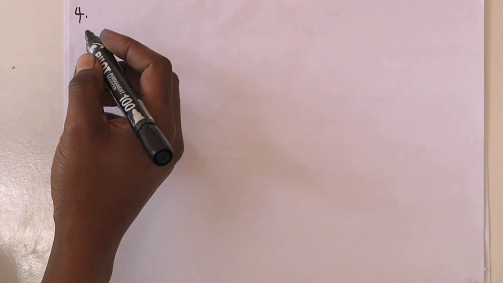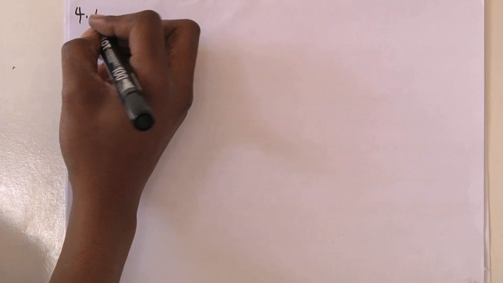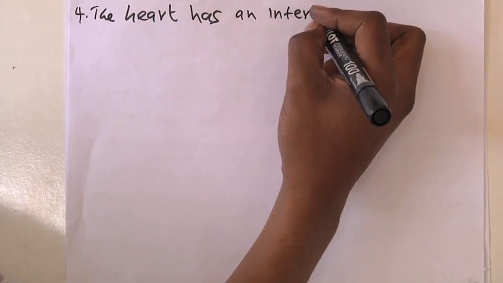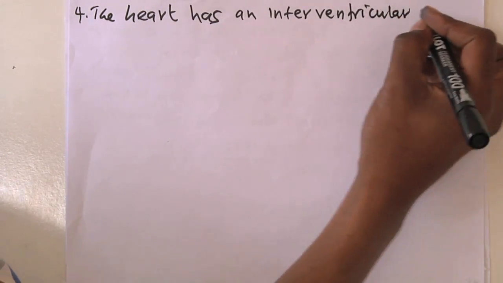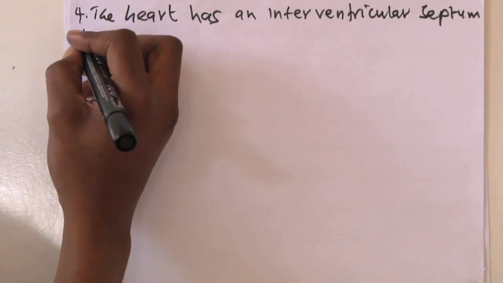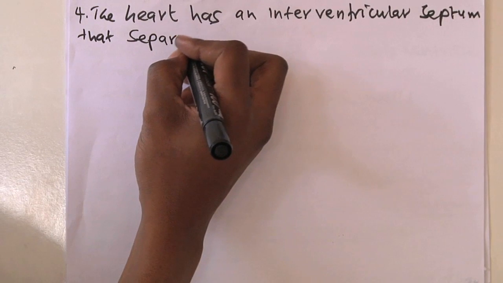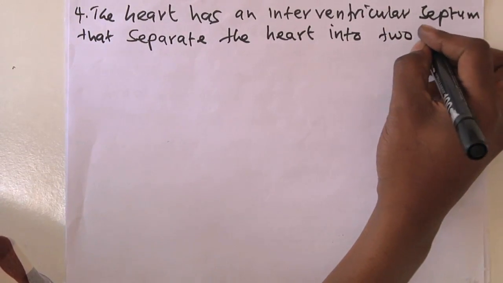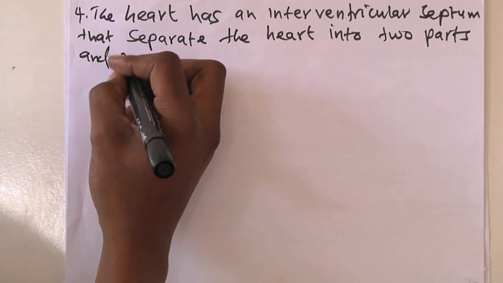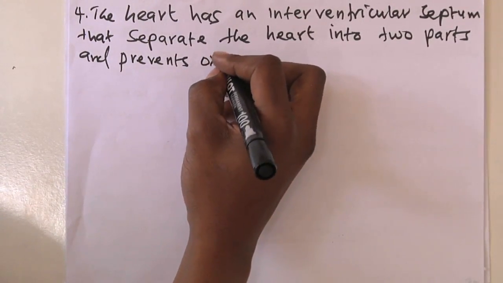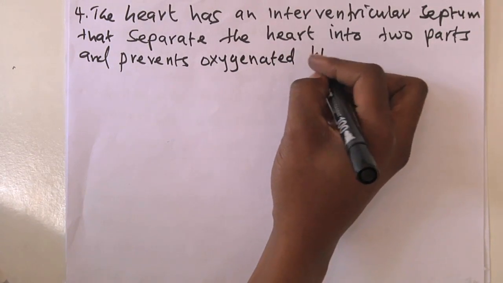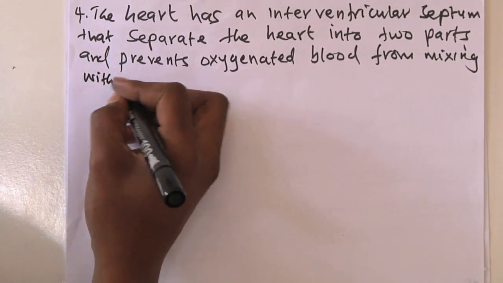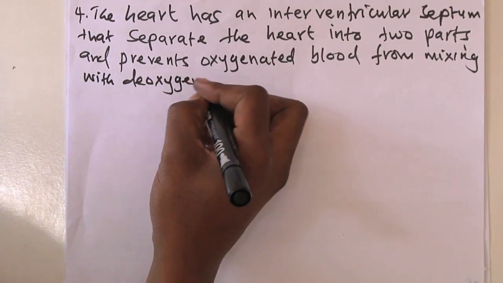The fourth part, or the fourth function of an internal part of the heart, is that the heart has an interventricular septum that separates the heart into two parts and prevents oxygenated blood from mixing with deoxygenated blood.